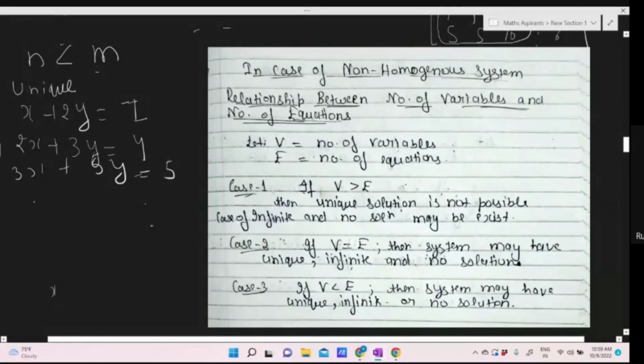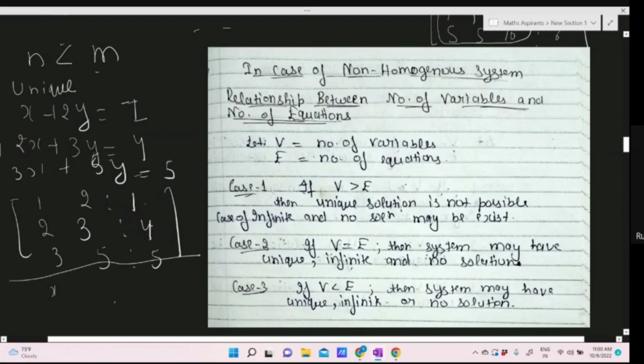After writing this in augmented form, we get 1, 2, 1; 2, 3, 4; 3, 5, 5. Here you can see that the number of variables is 2 and the number of equations is 3. Here the rank of A is 2 and the rank of the augmented matrix [A|B] is also 2. Therefore, this is the case of a unique solution.